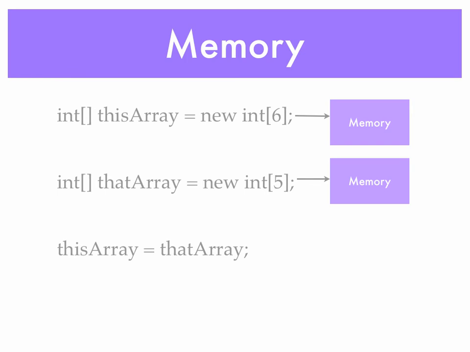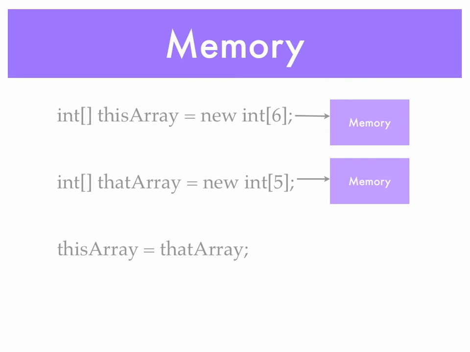Well, we know that thatArray is an array of size 5. We know that thisArray is an array of size 6, but what's in the spaces thisArray and thatArray are memory spaces. So thisArray right now points to a specific memory space. thatArray points to another memory space.